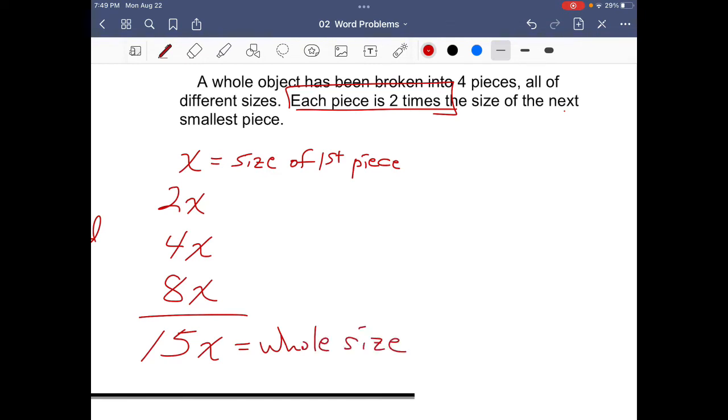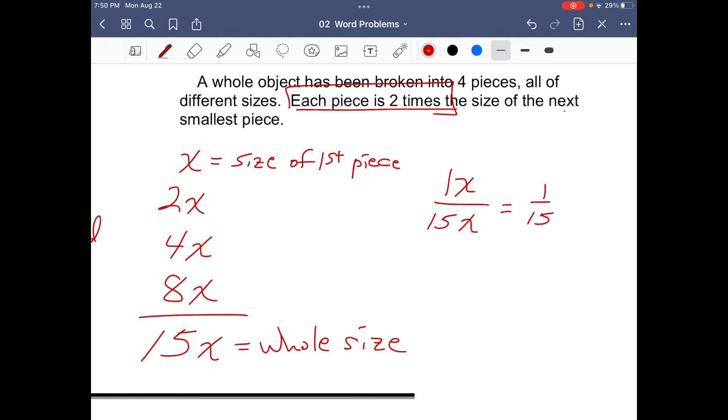Now, if you're like, what's x? Well, we don't know. X is just the size of the first piece, but it's kind of like we have 15 x's to represent the whole object. That means, are you ready? That means that the first piece, which is x, is just 1x out of the whole 15x. So the first piece only represents 1 out of 15.